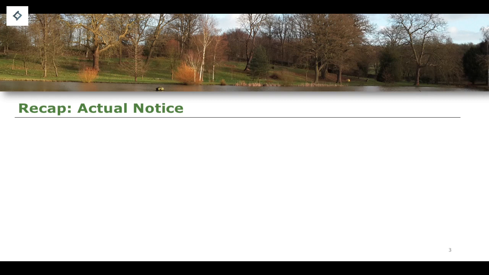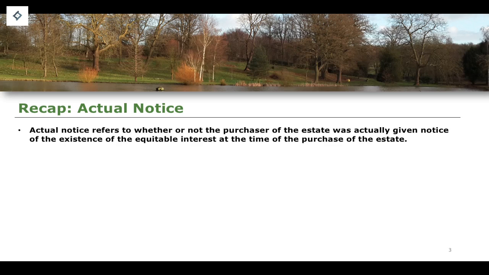Now, as a very basic and brief recap, let's just explore what actual notice entails very quickly. So actual notice is what we looked at in the previous lesson, and it just refers to whether or not the purchaser of an estate was actually given notice of the existence of an equitable interest at the time at which the purchase of the estate takes place.